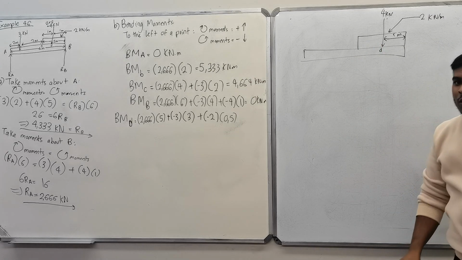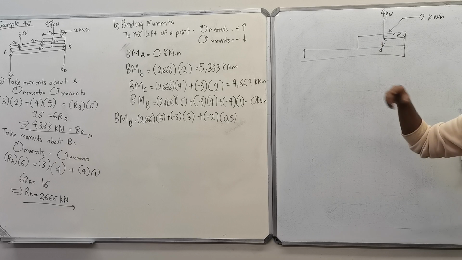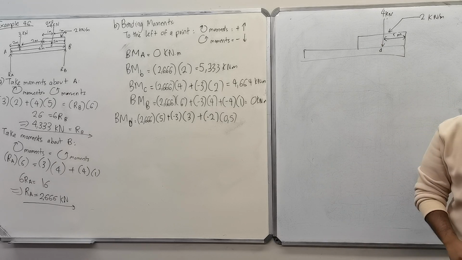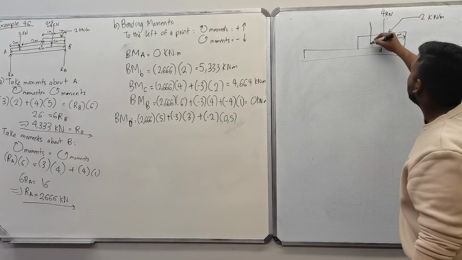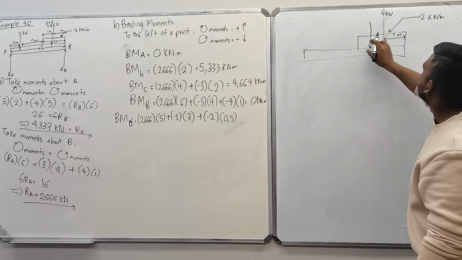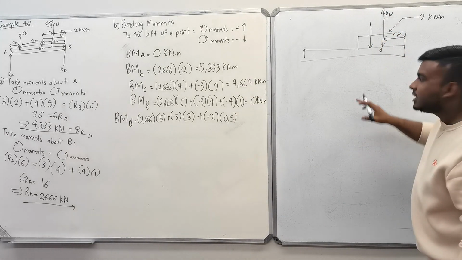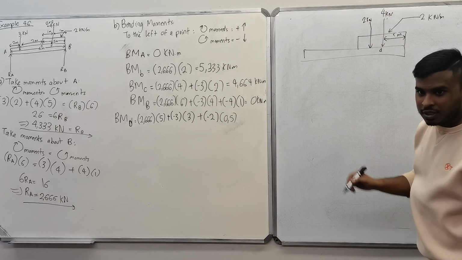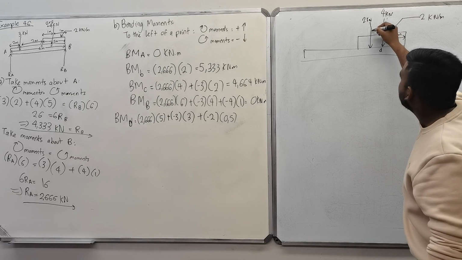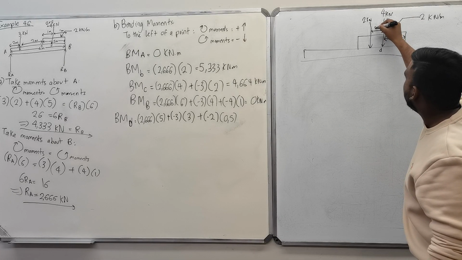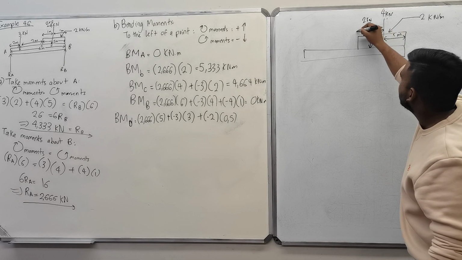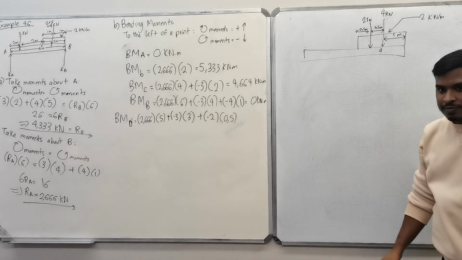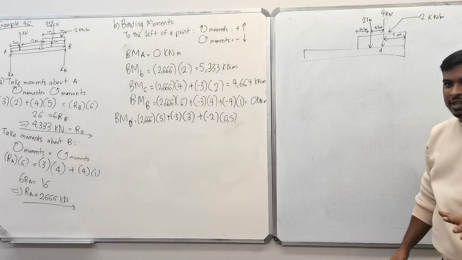I will make this portion from a uniformly distributed load into a concentrated load. So to work out the force that would act in the center of this, I would have said 1 meter multiplied by 2, which will make it 2 kilonewtons. And the distance away from D would now become 0.5 meters.